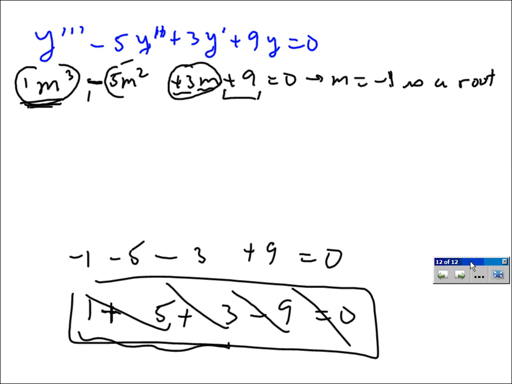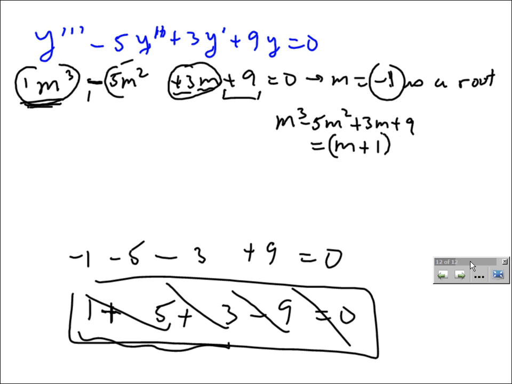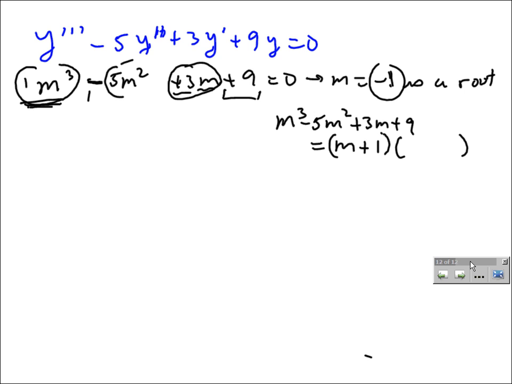So I know that when I factor m cubed minus 5m squared plus 3m plus 9, m plus 1 will be one factor. I'm going to find the other factor right now. And then, most probably, I'll have to factor that one. So I know that negative 1 is a root or solution. So I put negative 1 here.